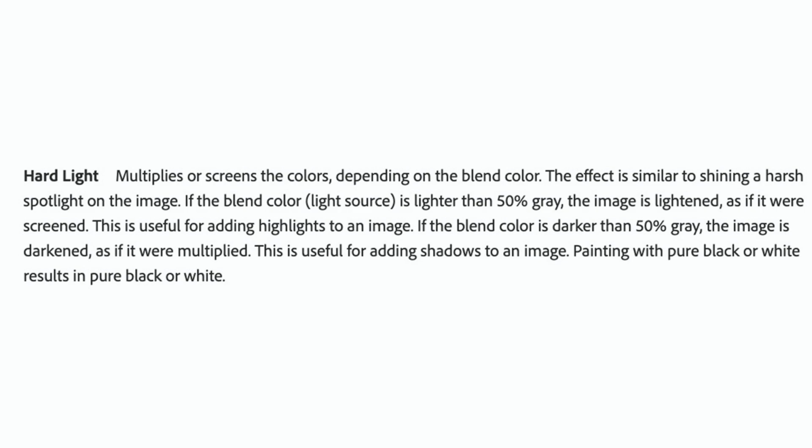So it's referring to the screen blending mode above. This is useful for adding highlights to an image. If the blend color is darker than 50% gray, the image is darkened as if it were multiplied. This is useful for adding shadows to an image. Painting with pure black and pure white results in pure black and pure white.